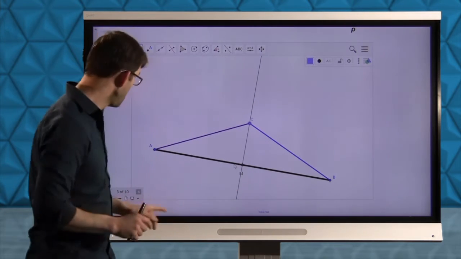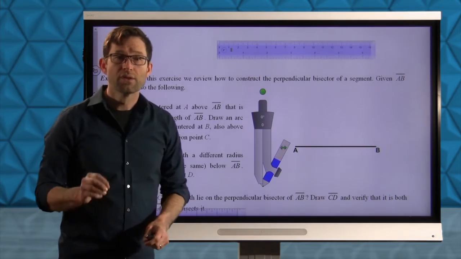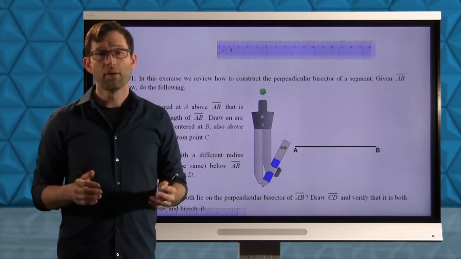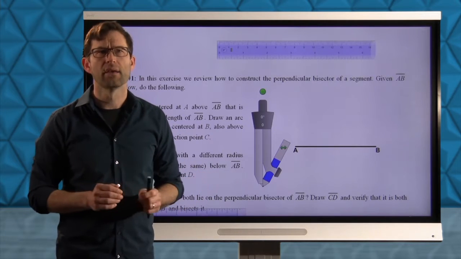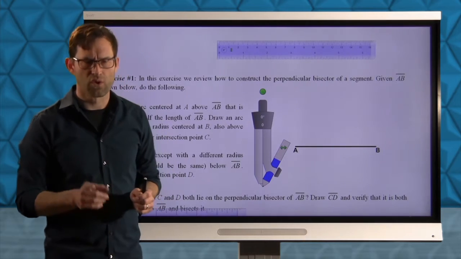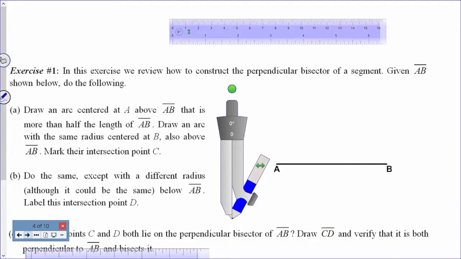So now, let's review a construction that we've seen before. In exercise 1, we're going to take a look at one that we've done before, way back when. This was actually back in, I think, unit 2 that we saw this construction, but it's been a little while. So let's take a look. Exercise number 1. In this exercise, we review how to construct the perpendicular bisector of a segment.